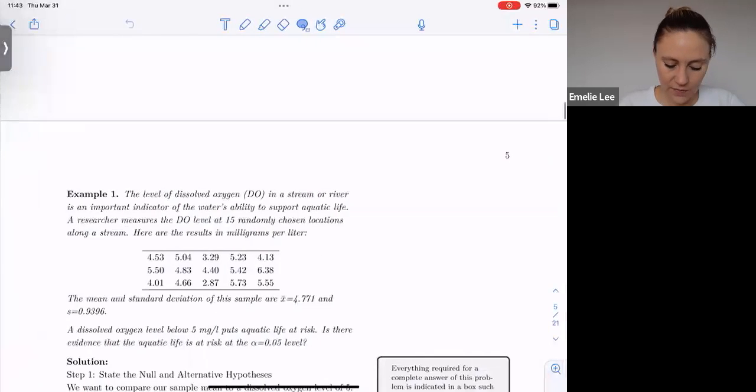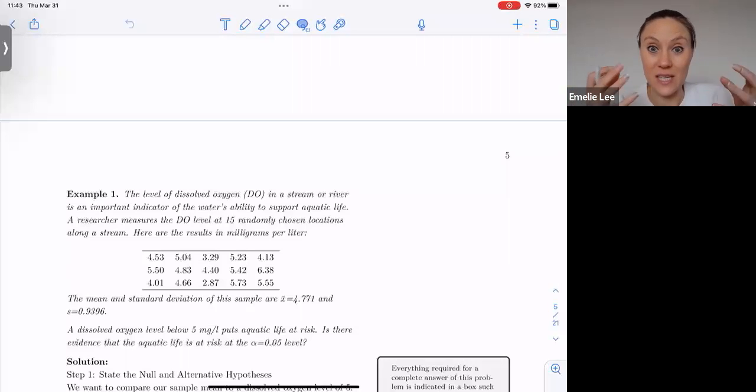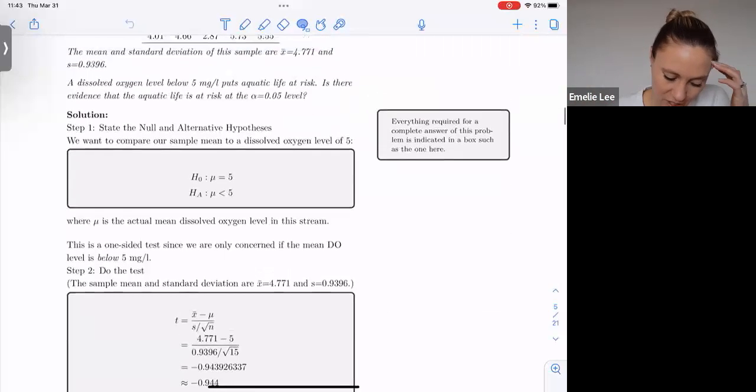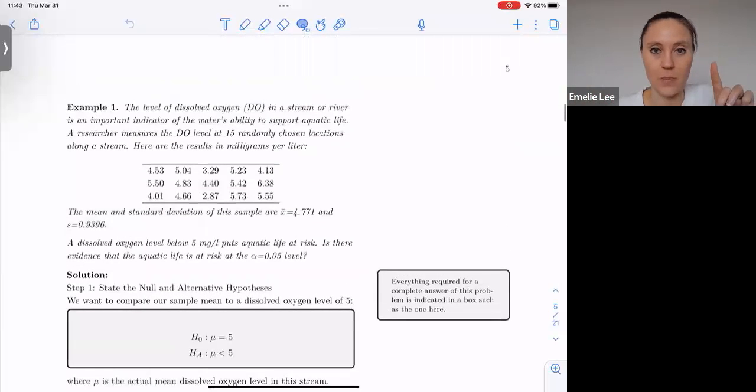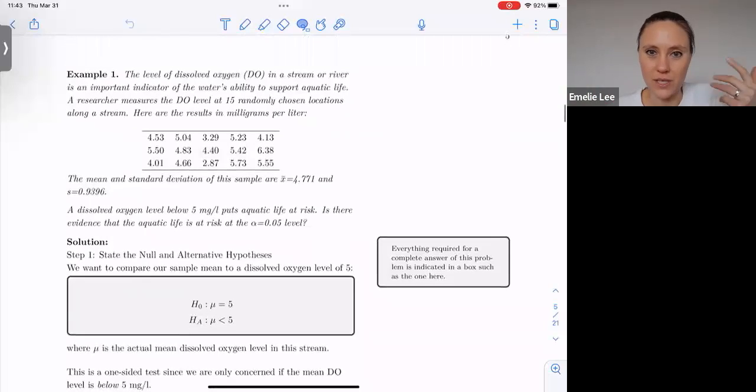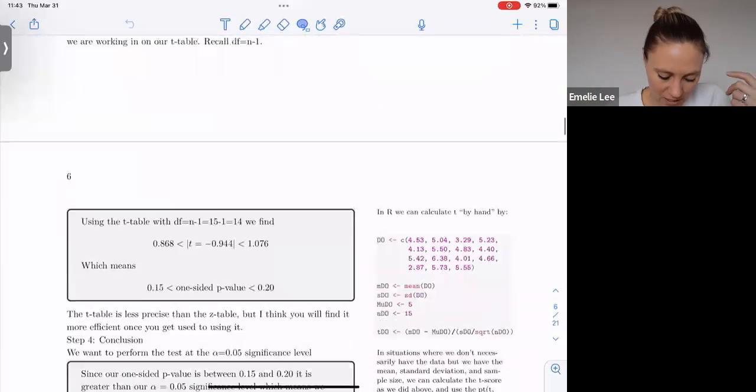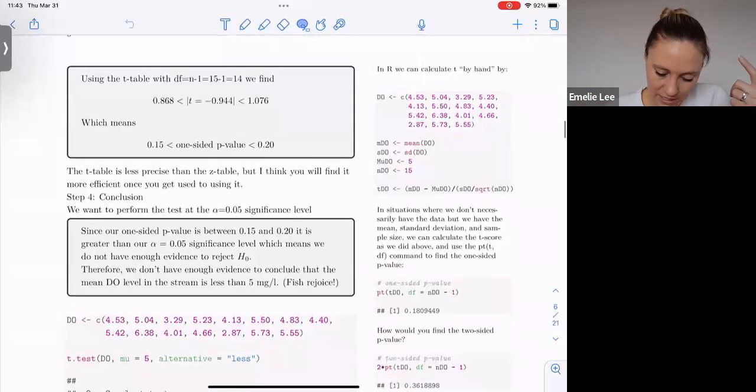This is kind of like the most active chapter. It's the one that we tend to focus on because it's what we use in real life. Usually we're analyzing means. So maybe what I should do, even though I really love this example, the dissolved oxygen level, because it really puts things into perspective, so I encourage you to look at it.